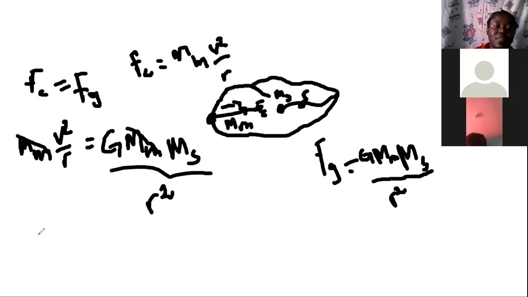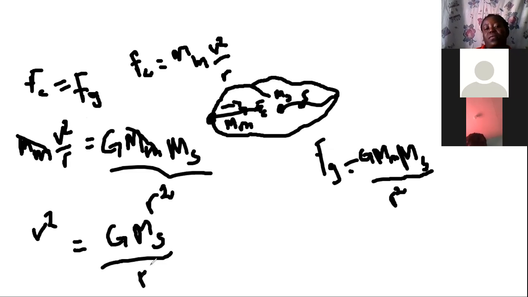So if I multiply on both sides by r, we're left with the velocity squared equals the gravitational constant times the mass of the sun, divided by the distance r. One r cancels out. Remember we multiply here with r, it cancels out there.